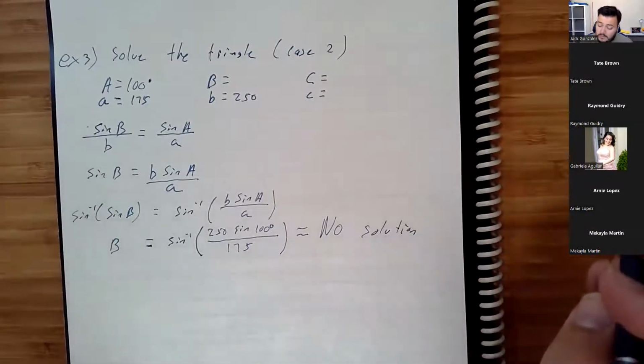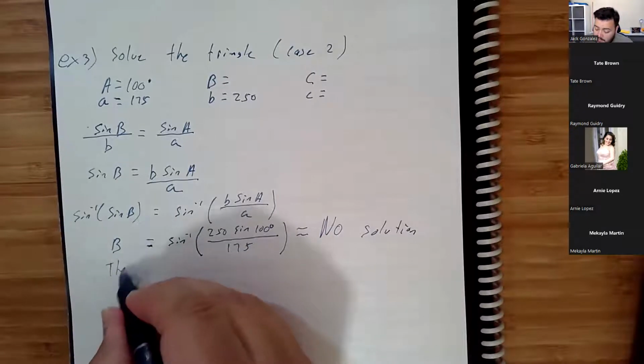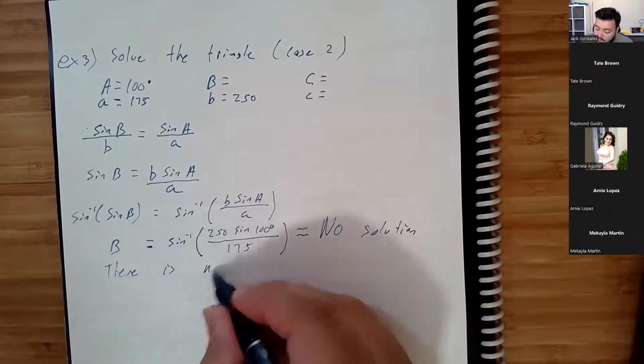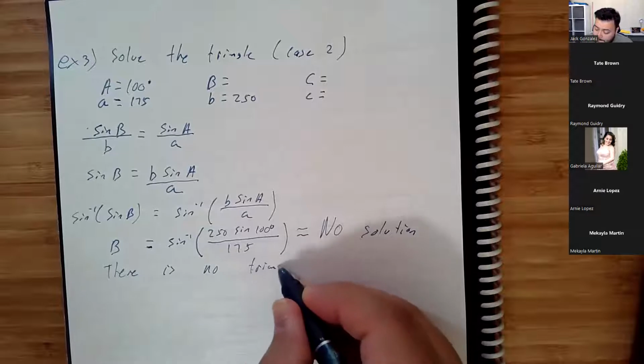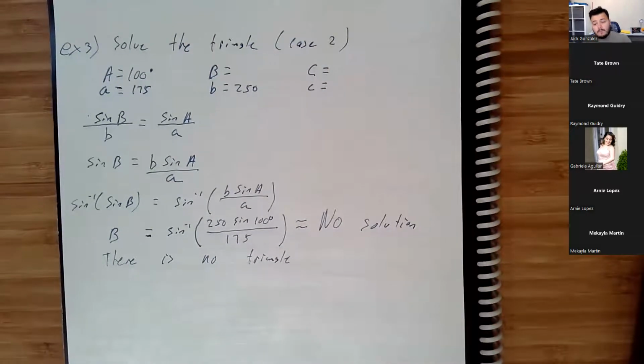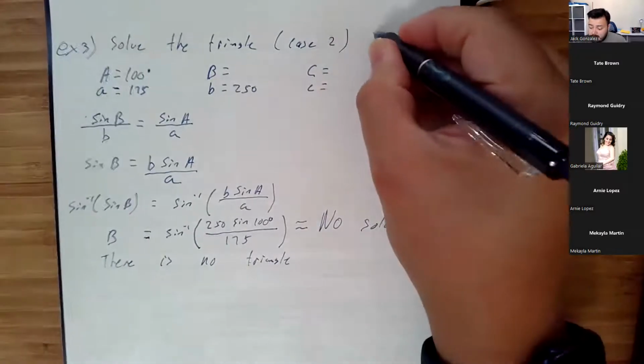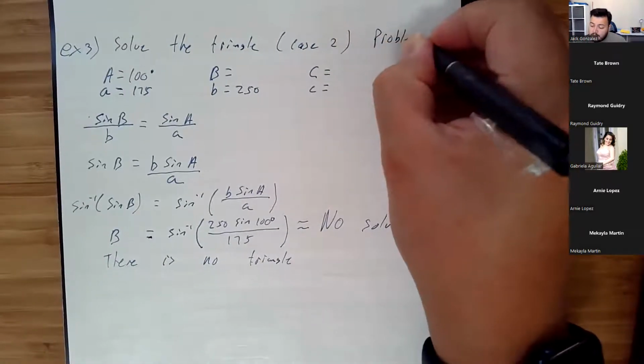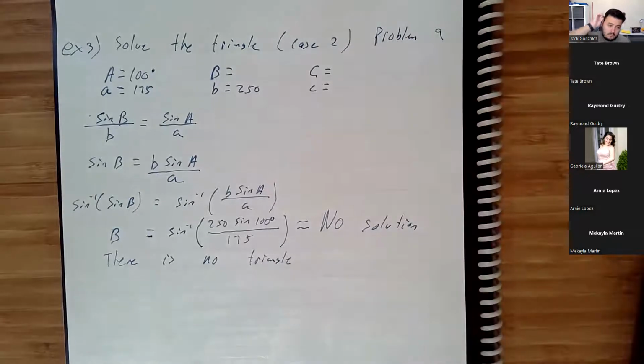There is no triangle. So at this point, you just stop. Okay. And on the homework, they want you to write impossible for all the solutions. That makes sense?